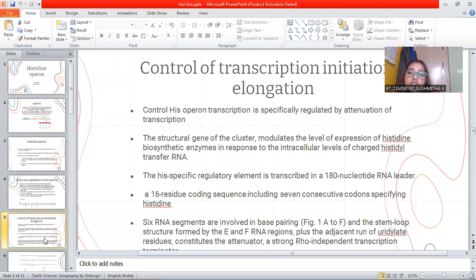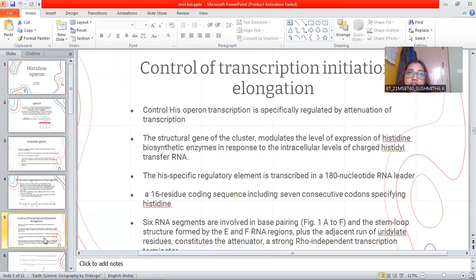This slide explains the transcription initiation and elongation of the histidine operon. The histidine operon is generally regulated by the attenuation of transcription.